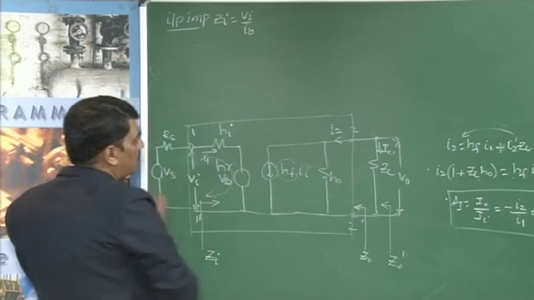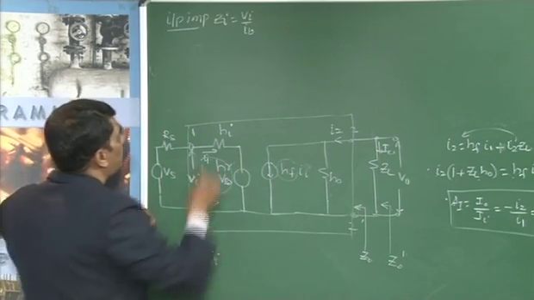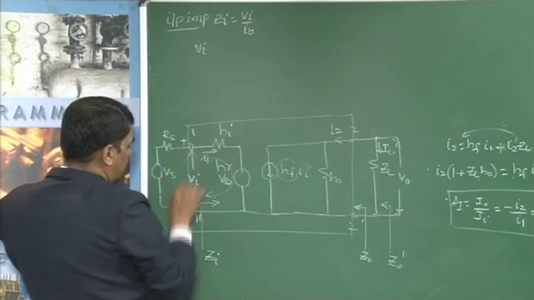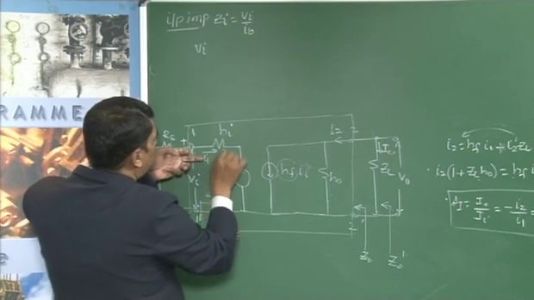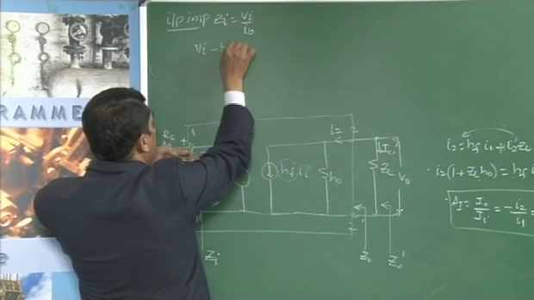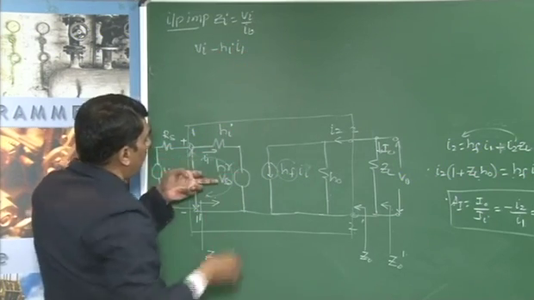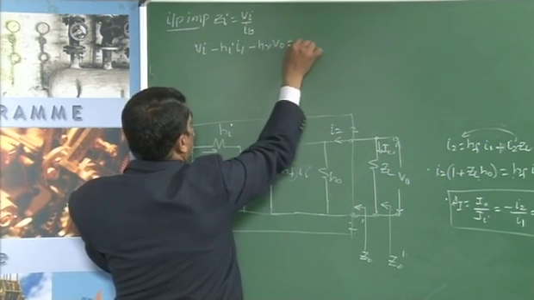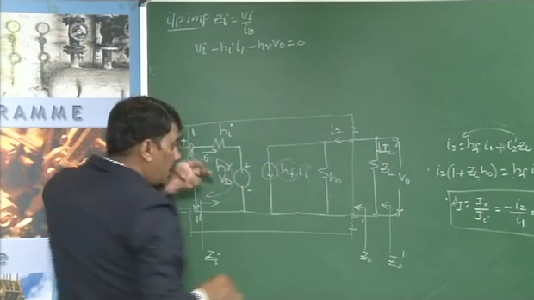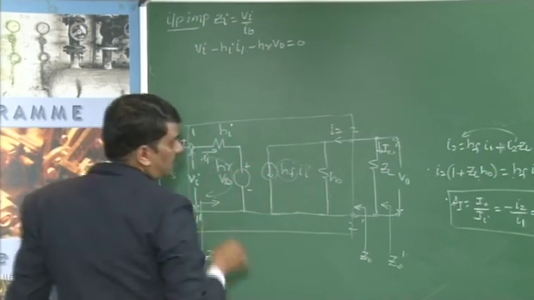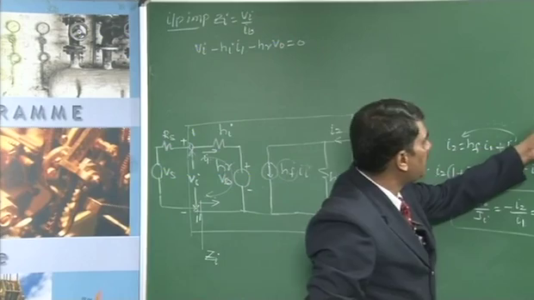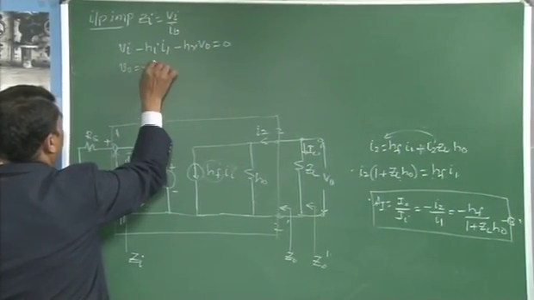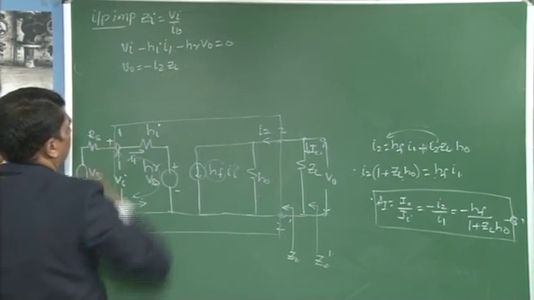KVL to this path. When applying KVL to this path, Vi, this is plus, this is minus, and then the current flowing is nothing but minus hi I1 minus hr V0 is equal to 0, where V0 is equal to minus I2 into ZL.